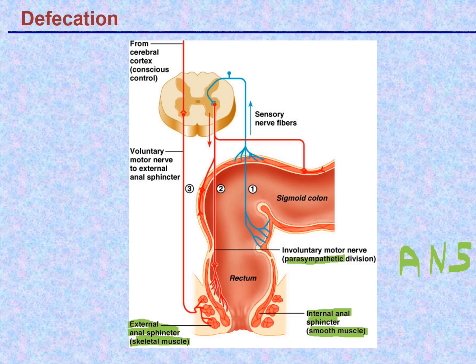So when the rectum and the anal canal are filled with material and get distended, you get a reflex relaxation of the internal anal sphincter because of output from the parasympathetic division of the autonomic nervous system, nerve signals coming in that relax it, at which point the person consciously contracts their external anal sphincter until they are able to defecate.